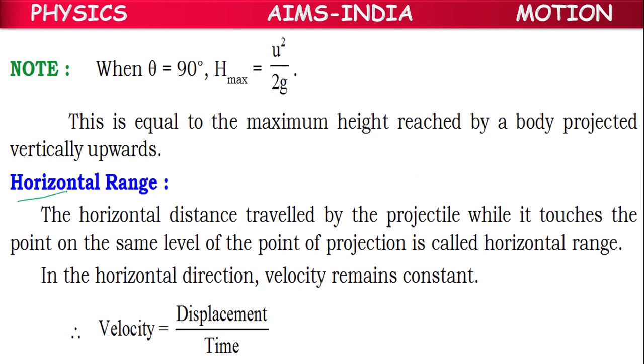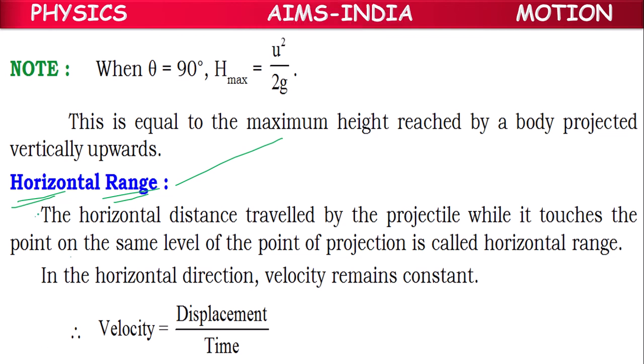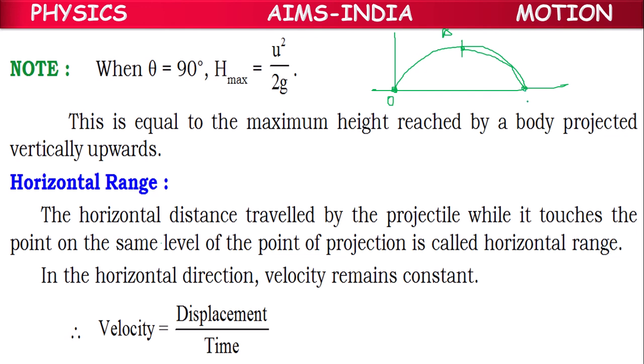Next, another equation we have to find, which is horizontal range. Horizontal range means, suppose this is the projectile, from the point O we have thrown the projectile, it has reached A, maximum height. From there, again it came back to B, to the ground.